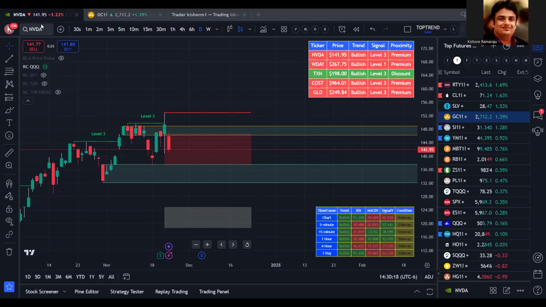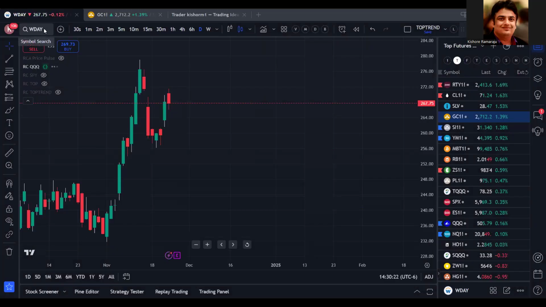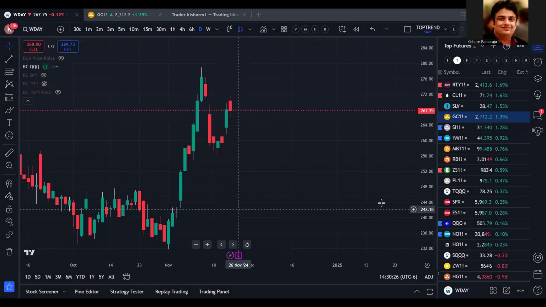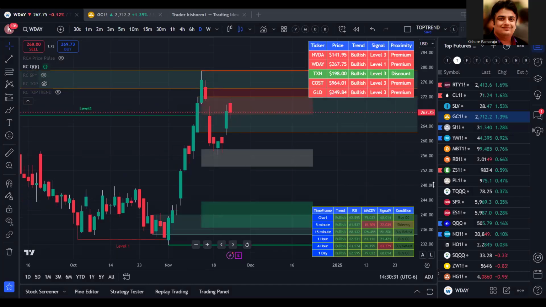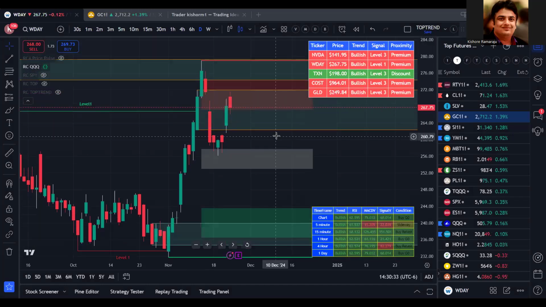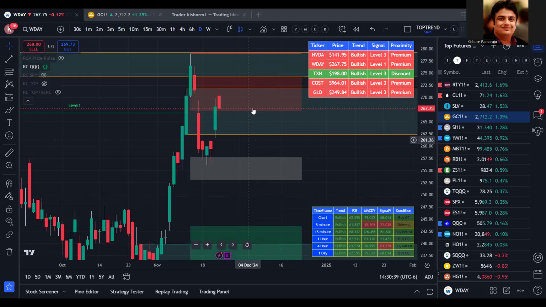So for example, let us look at Workday. Okay, so do you think there are some sell order blocks, but is it in a bullish trend or is it in a bearish trend?